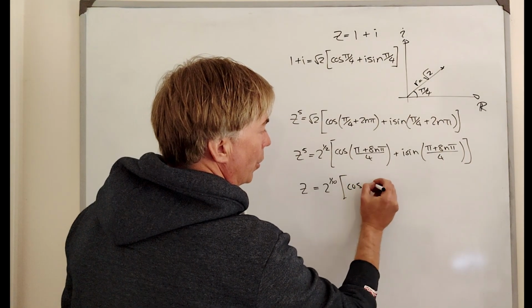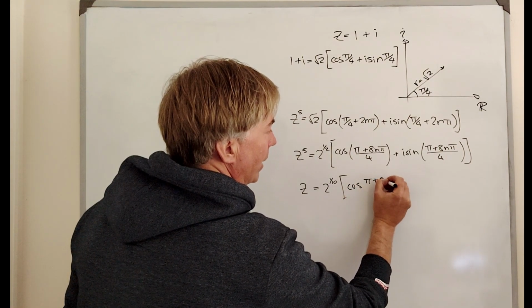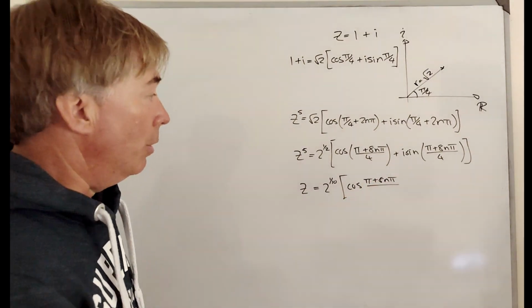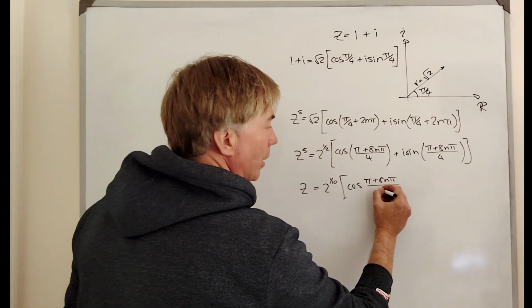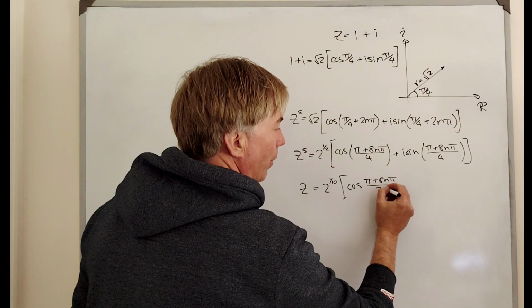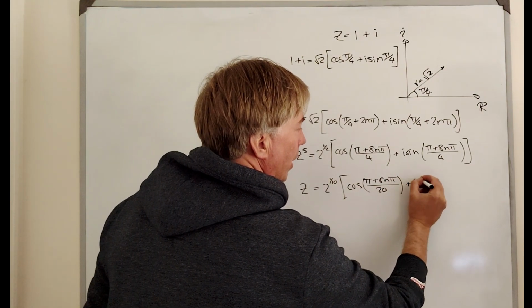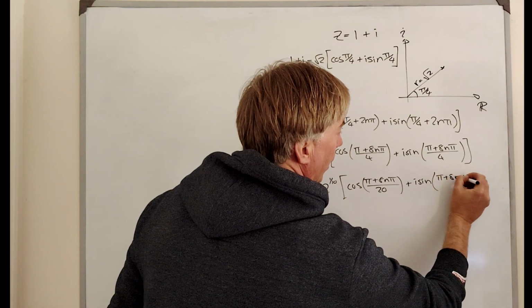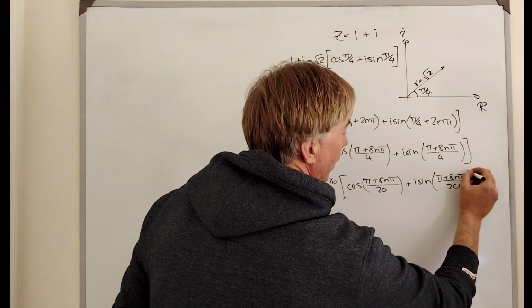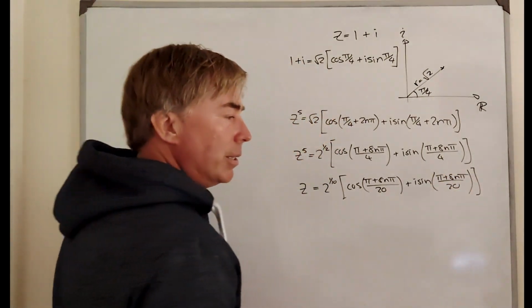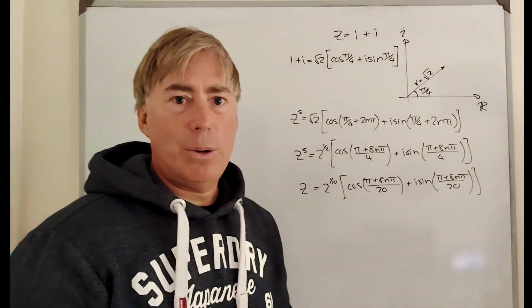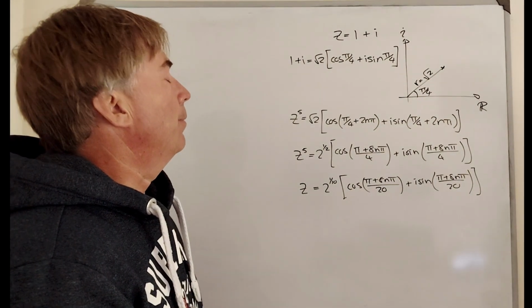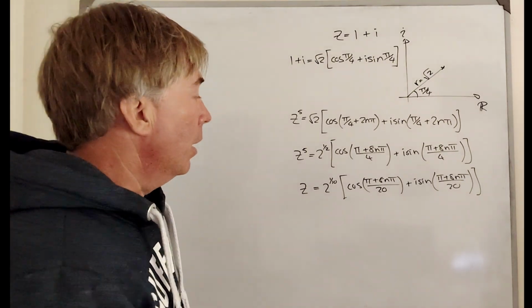So I end up with cos((pi plus 8n pi) over 20) plus i sin((pi plus 8n pi) all over 20), and this is why it was convenient to put the fraction over 4 beforehand. So that is our general form of the fifth roots of 1+i.